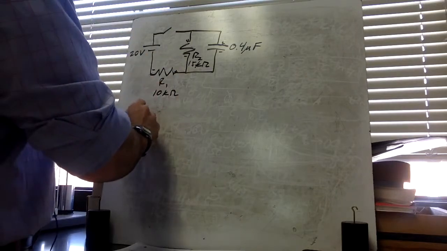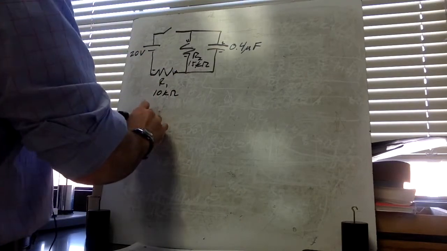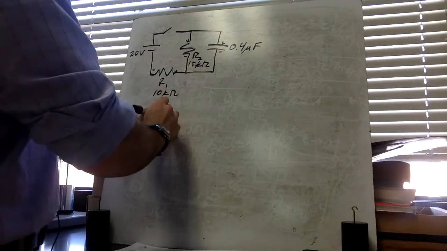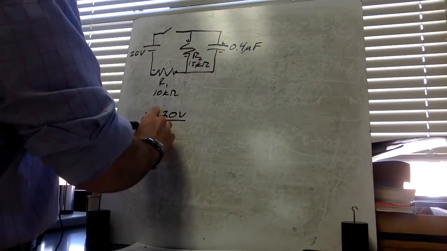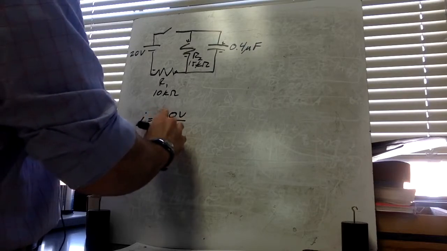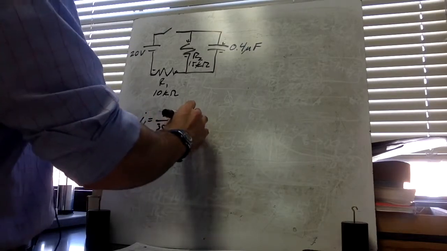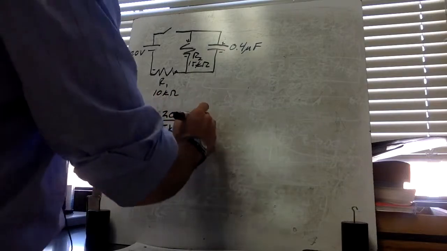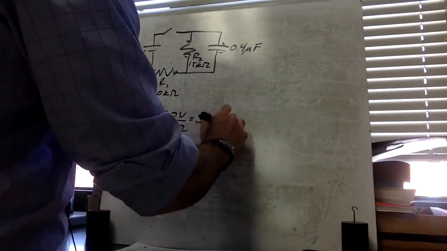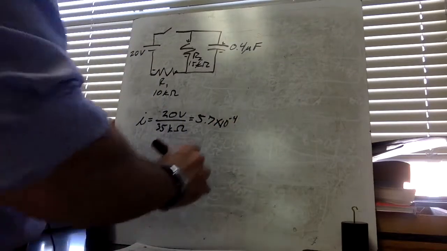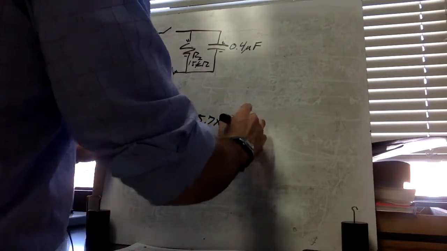And so the current a long time after this has been closed is going to be 20 volts over 35 kilo ohms. So this is going to be 5.7 times 10 to the negative 4 amps.